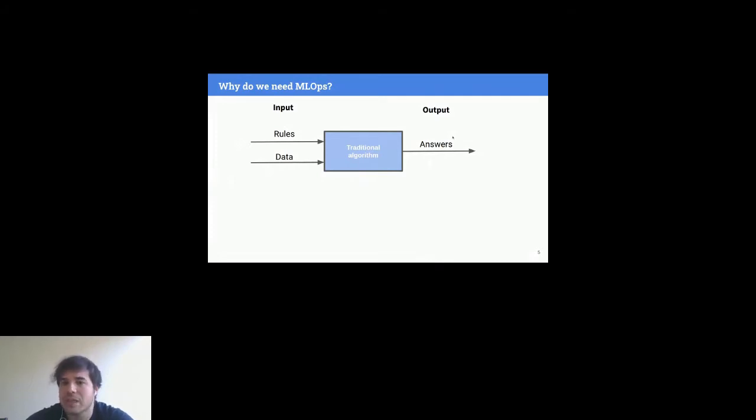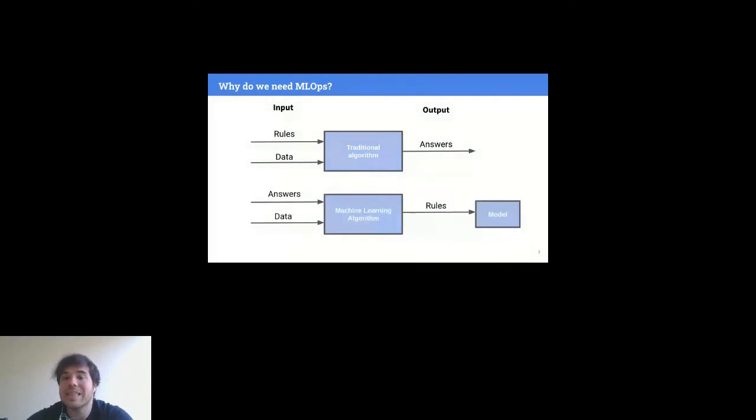But now this algorithm is creating another algorithm, because the model, which is the output of a machine learning algorithm, is another algorithm that can reason about a specific topic. For example, it can identify people in a picture, or predict the price of a car or a house, which is really interesting because we are creating code from code.